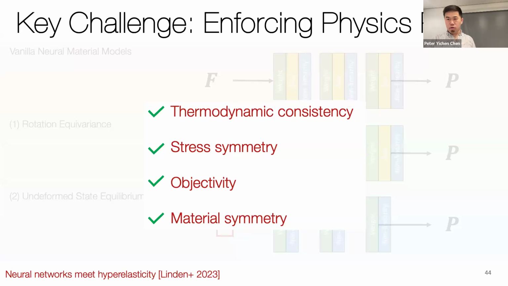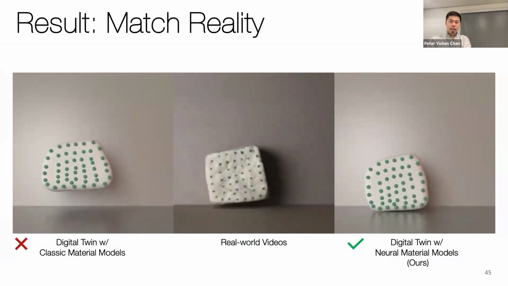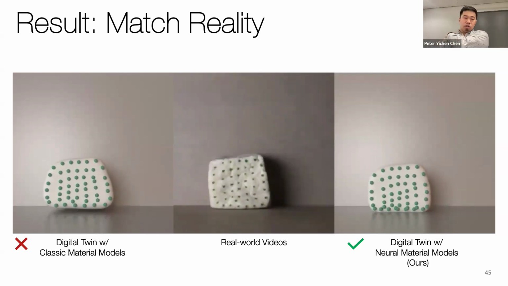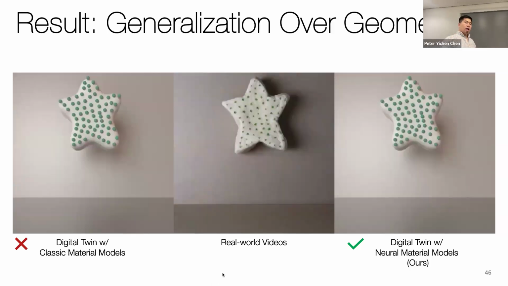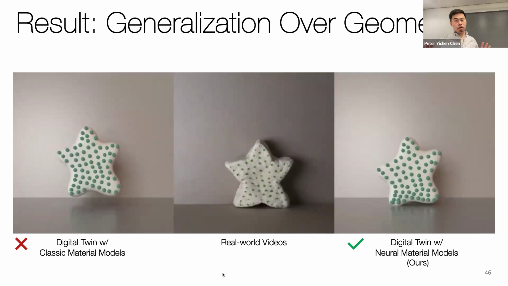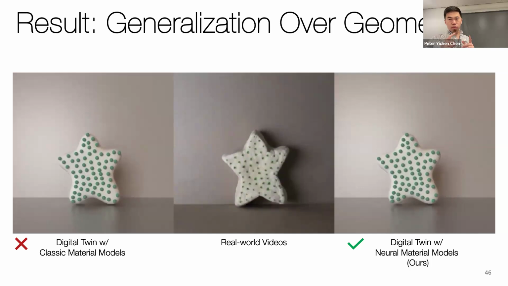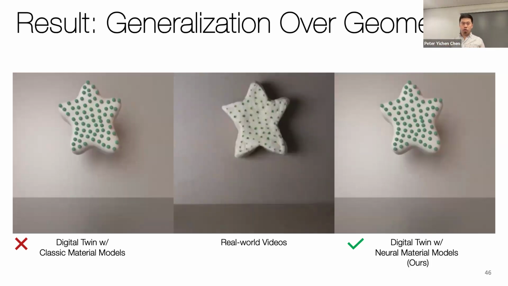But it is still a neural network, which means it's very, very expressive. So after fitting these neural material models, we can see that it matches the real world video better than the classical material models. And what's really nice is that it generalizes. In this case, we replace the cube that we used with a star-shaped object, and it still works.